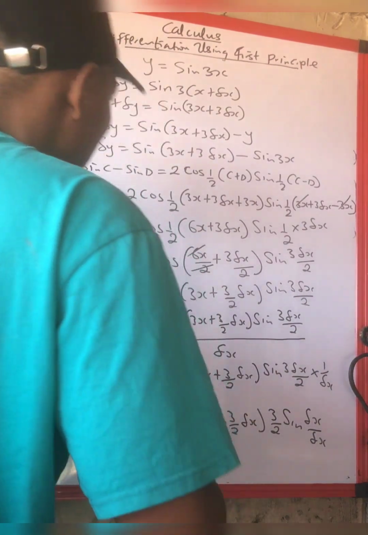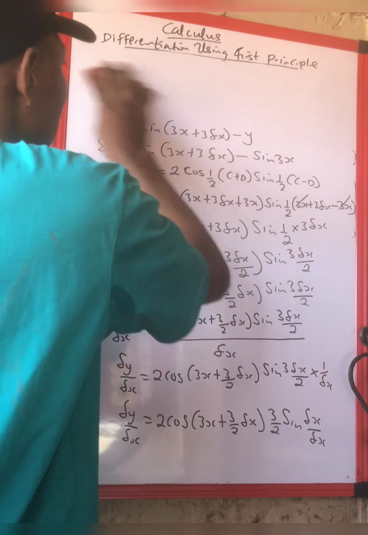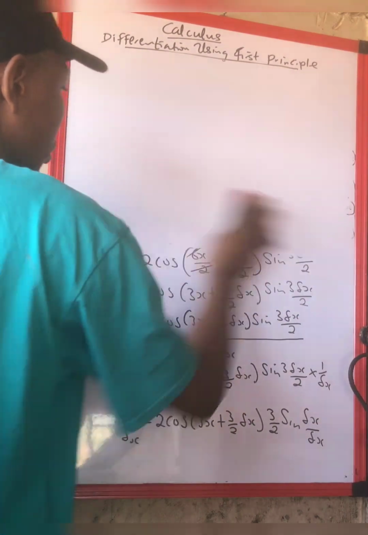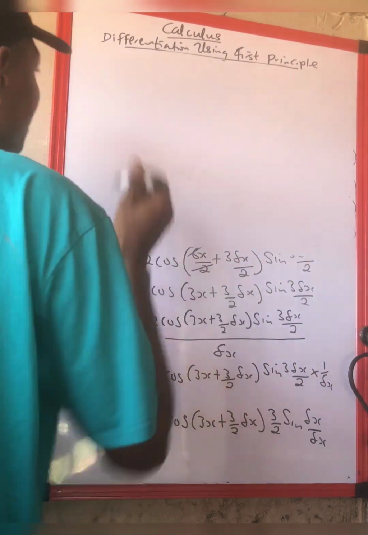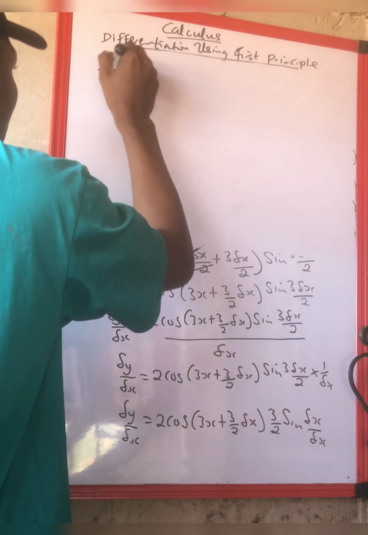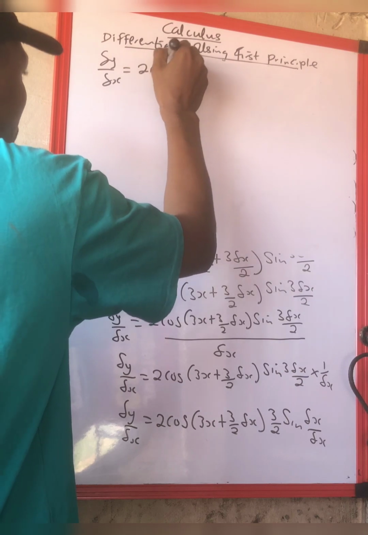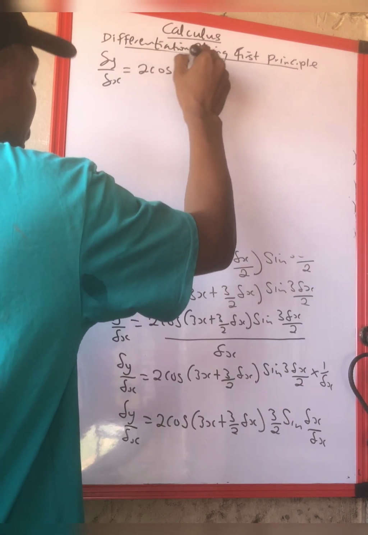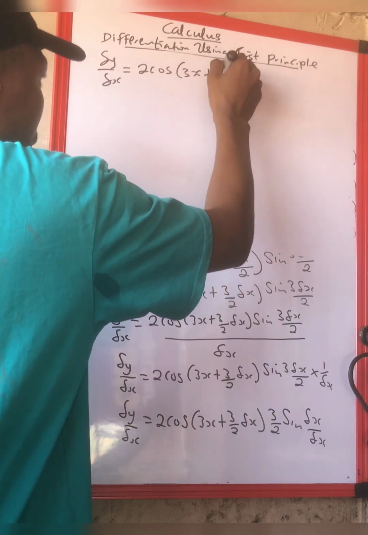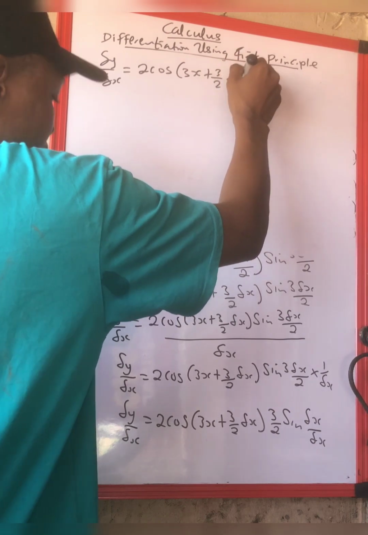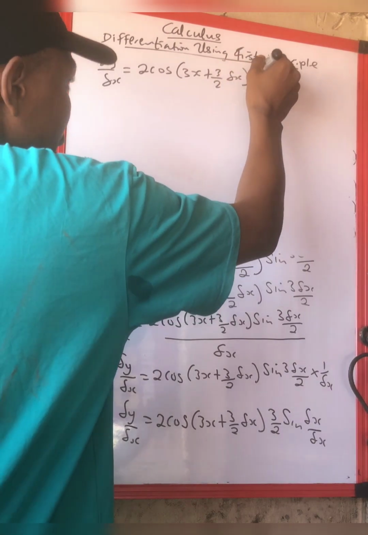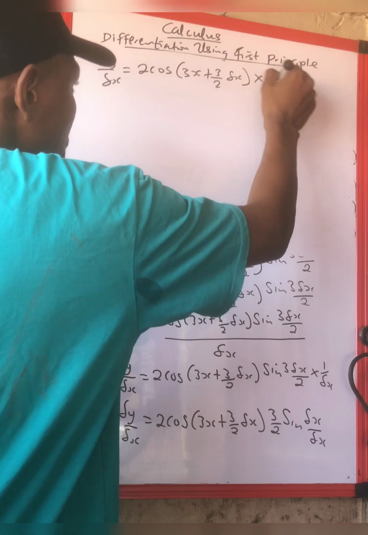So from there, it becomes change in y over change in x equals 2 cos(3x plus 3/2 change in x), then times 3/2.